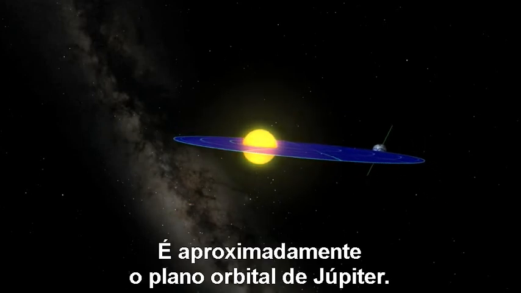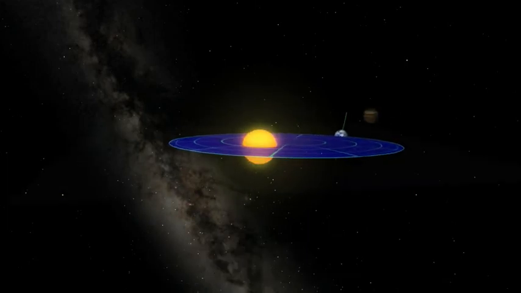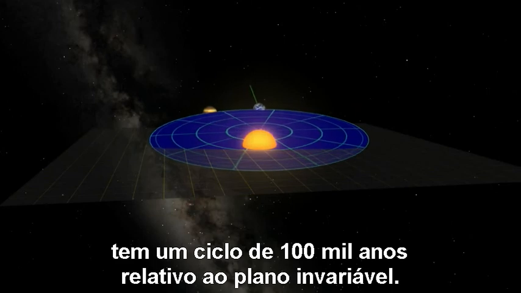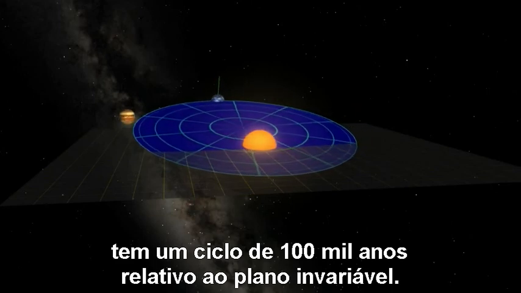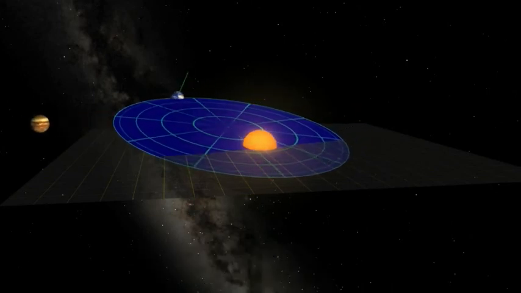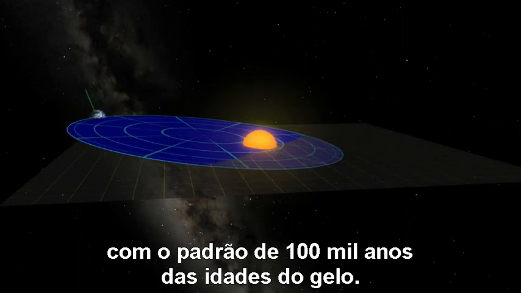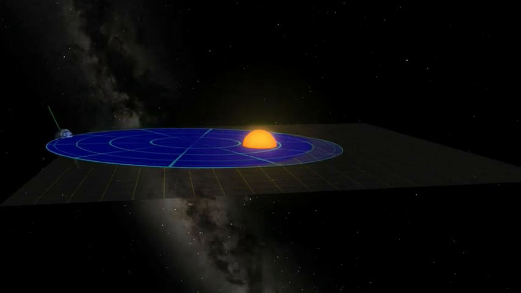It is approximately the orbital plane of Jupiter. The inclination of the Earth's orbit has a 100,000-year cycle relative to the invariable plane. This 100,000-year cycle closely matches the 100,000-year pattern of ice ages.